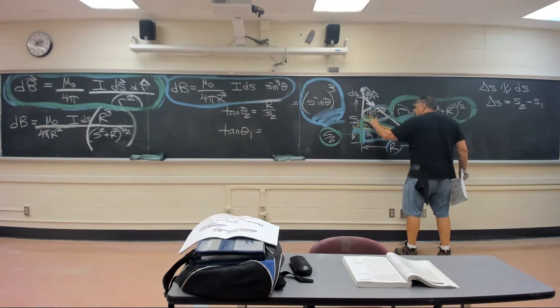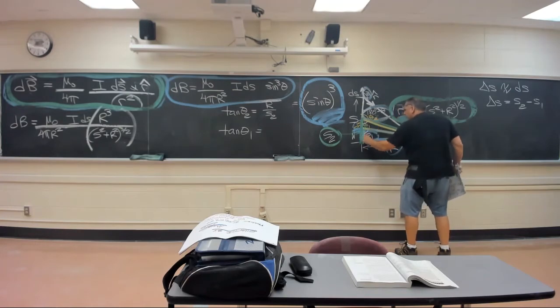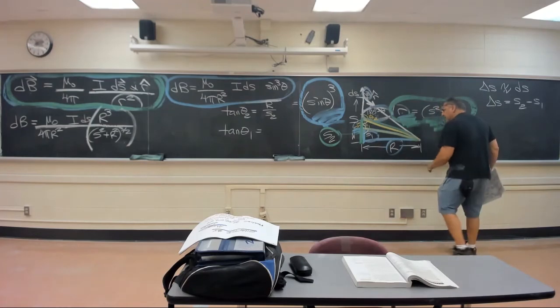That's tan theta 2. It's the tan of this angle, guys. This angle is 180 minus theta 2. This angle is 180 minus theta 1, and it works out fine. So don't let that scare you.